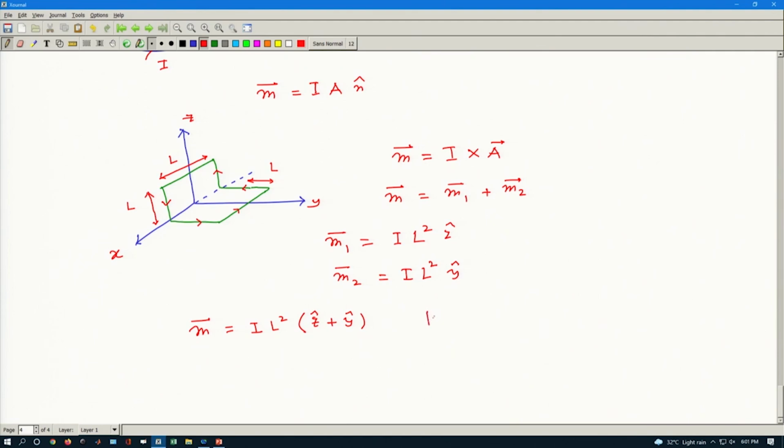The magnitude of m simply gives us root 2 times I L square.